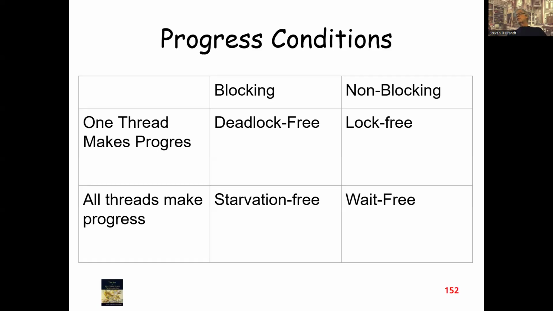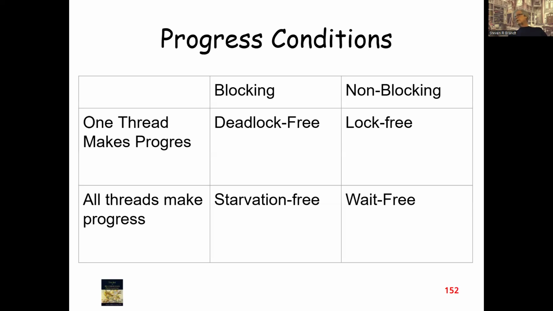Correct. If you've got a while loop, then you are not wait free. That is definitely true. There's a question you have to ask yourself about the difference between lock free and one of the blocking ones: if the other thread suddenly went belly up, it just disappeared, could your thread still make progress?